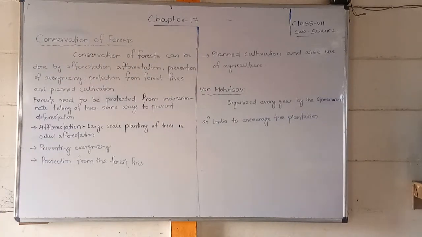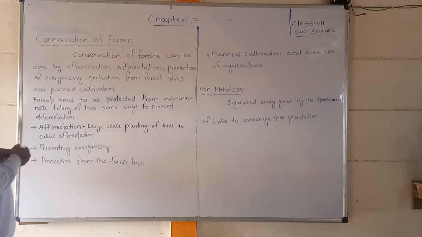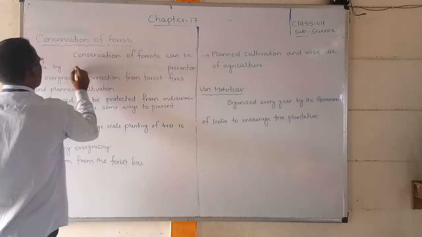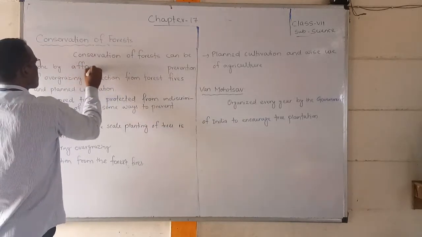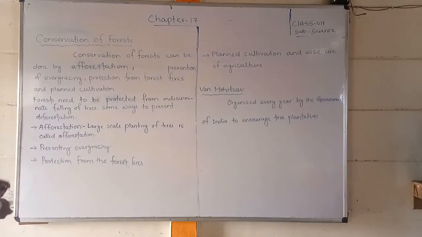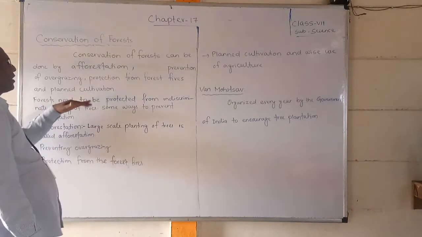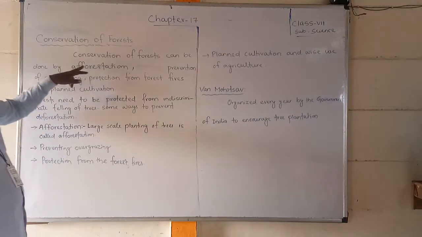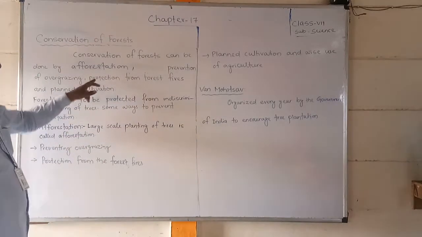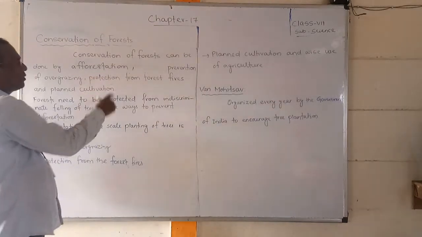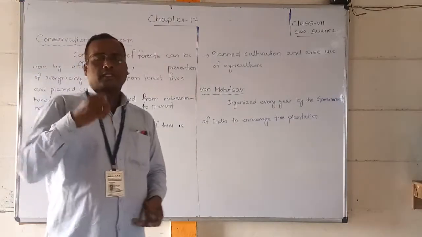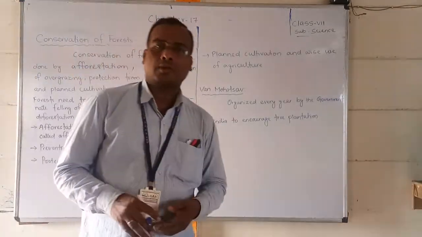Conservation of forest can be done by afforestation, prevention of overgrazing, protection from the forest fire, and plant cultivation. If you give attention to these factors, then compulsorily we can conserve our forest.